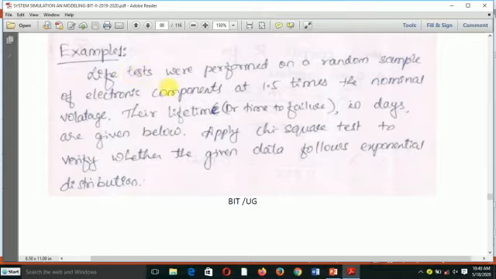So we tested them at 1.5 times the nominal voltage. The nominal voltage, if it is 1, so the tests are performed at 1.5 times.